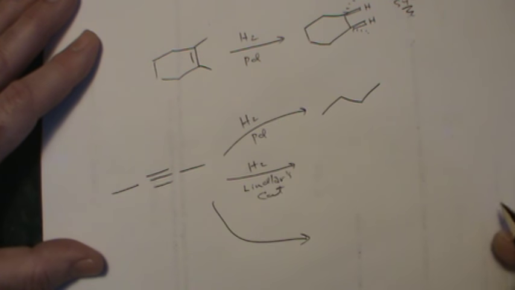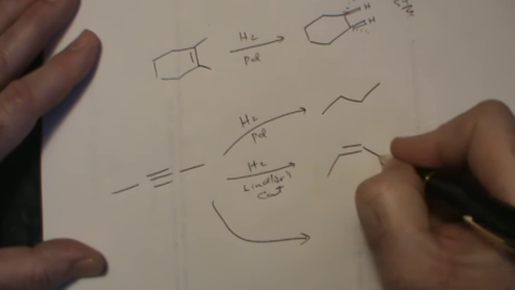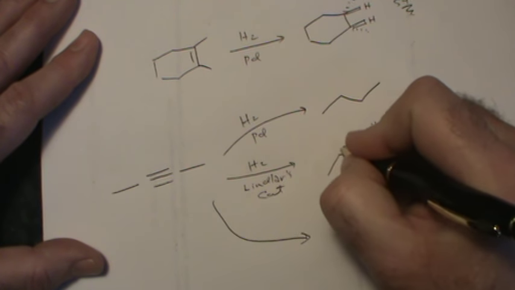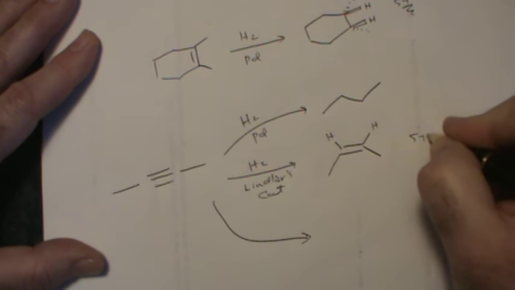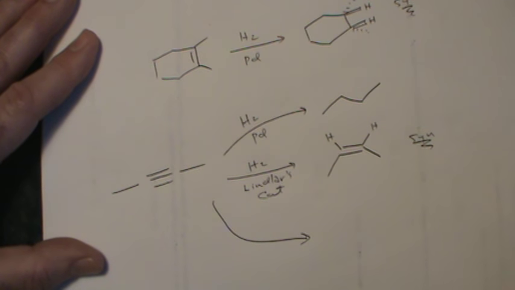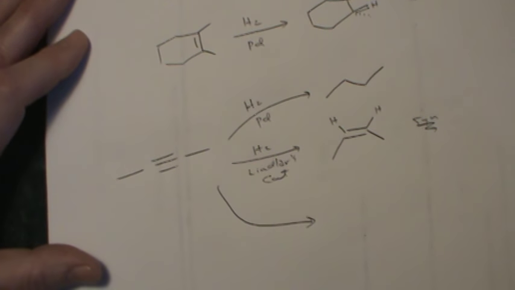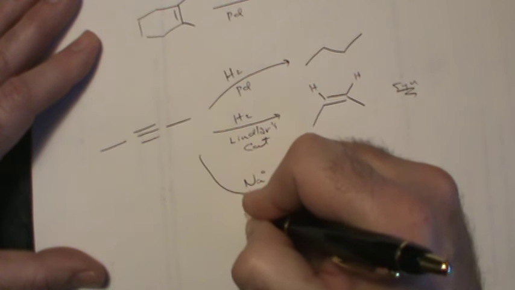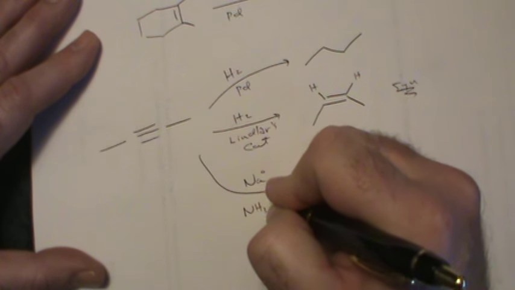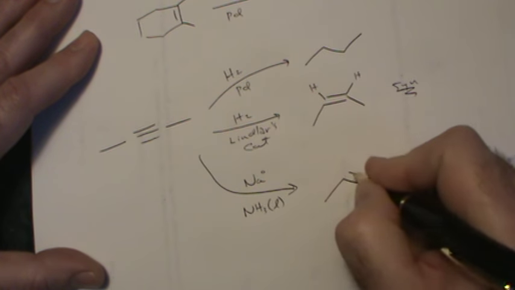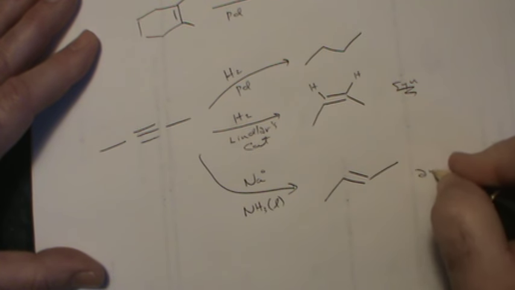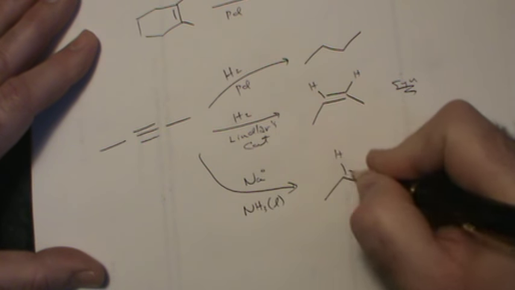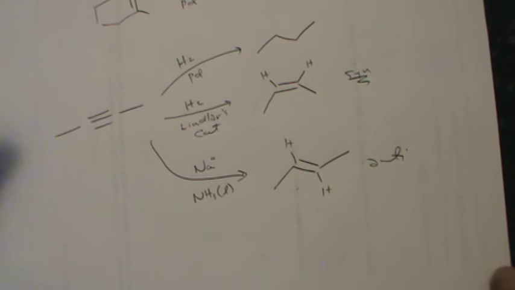That's a poisoned catalyst, and that will stop after 1 syn hydrogenation. You can see it is syn because it produces the cis alkene. And finally, if you use a dissolving metal reduction, which is sodium in liquid ammonia, then you can have the anti-addition of hydrogen, anti, to give you the trans alkene.